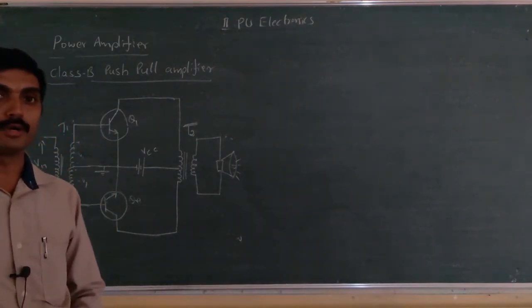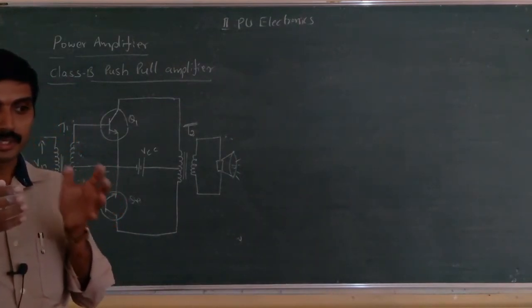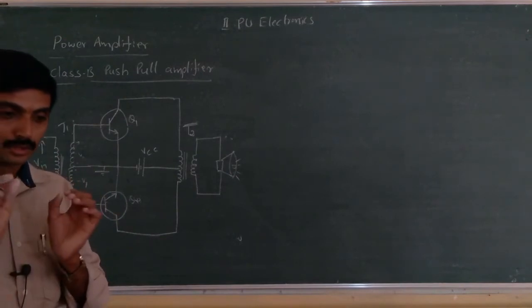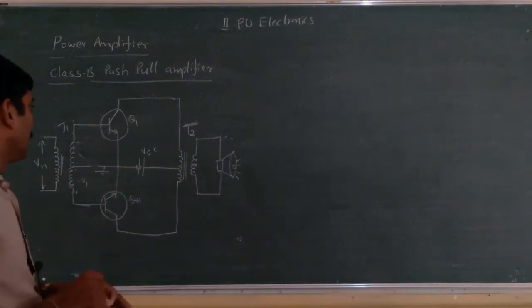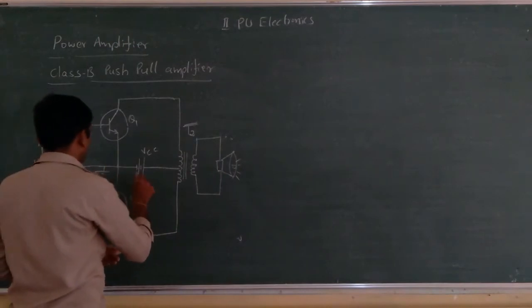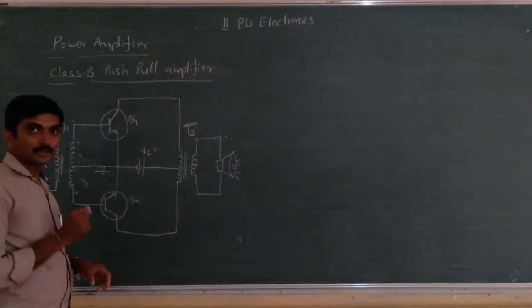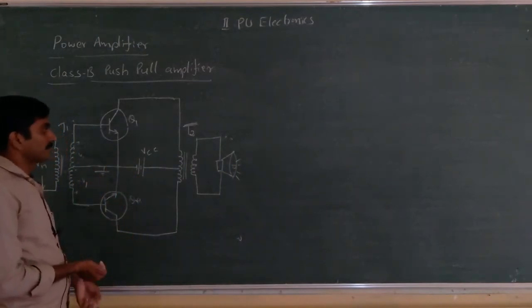That is very important, because in a Class B amplifier the Q point is located at the cutoff region, and this power supply helps us locate the Q point at the cutoff region.